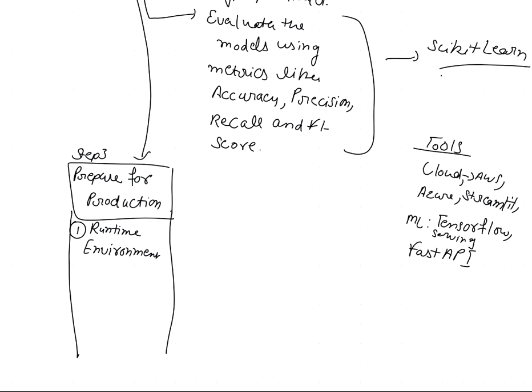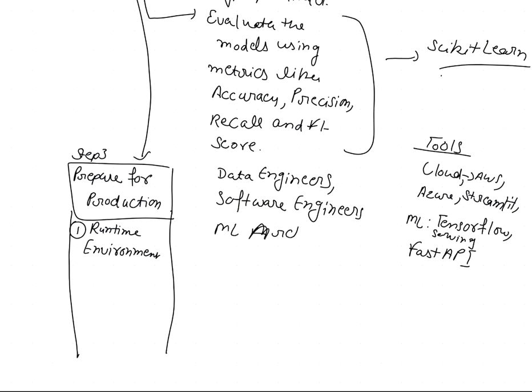Here the roles involved are data engineers, software engineers (you need them sometimes), and machine learning architects. So you need these three persons here. But if they are not there, you are the one. But definitely they will be there, right?